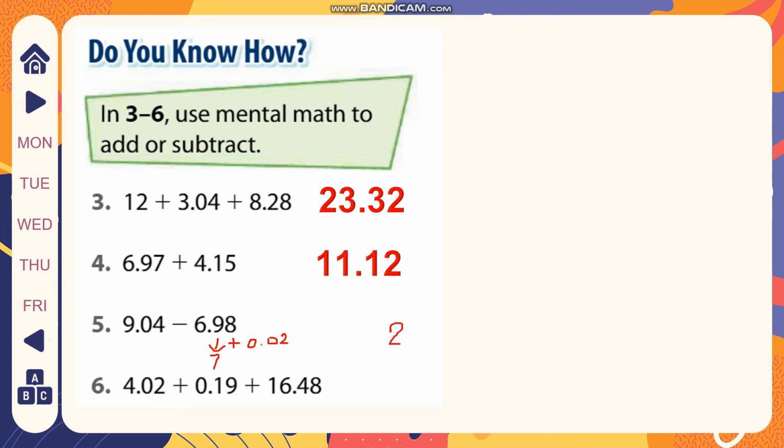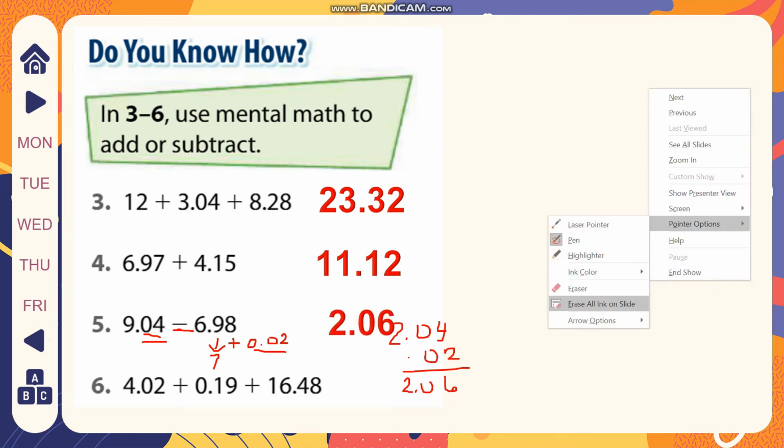Then I have the decimal number, which is 0.04. Since I added 0.02 from the start, and this is subtraction, I need to add another 0.02 at the end. So the answer is 2.06.